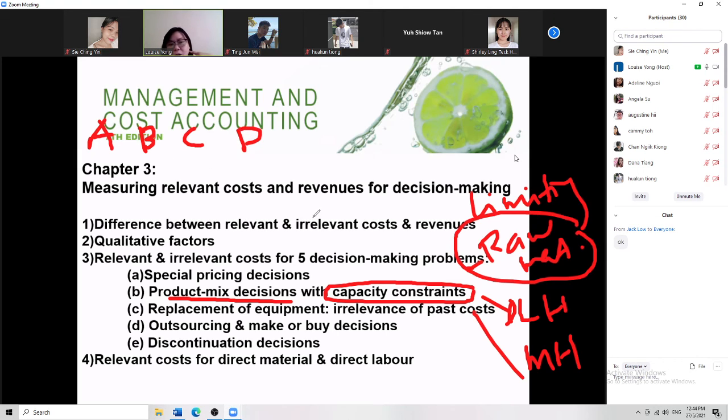For example, they all use the same raw material, but the material here is limited. And your sales demand here is more, and then you cannot fulfill all your demand.